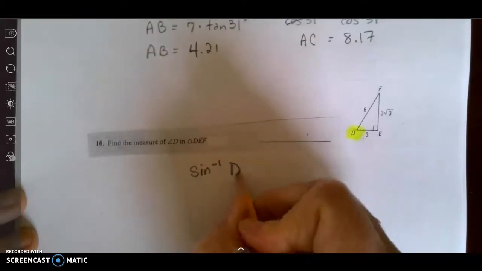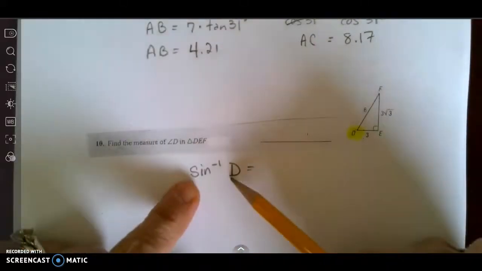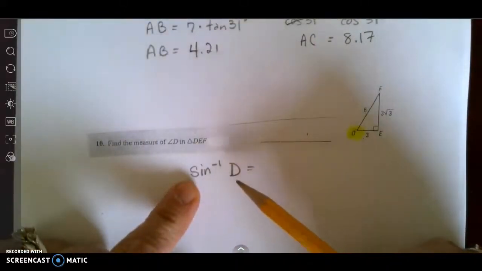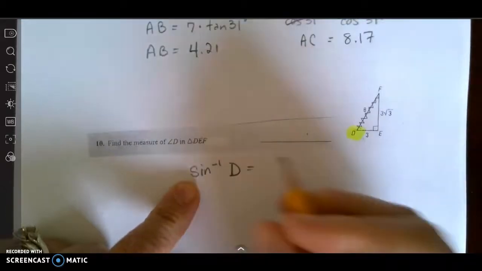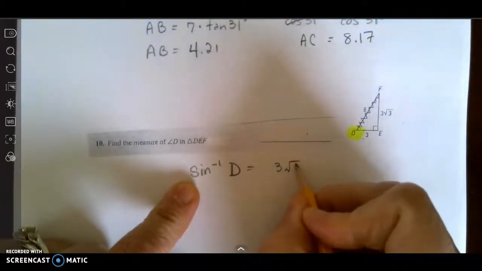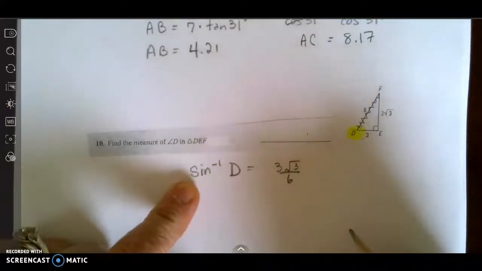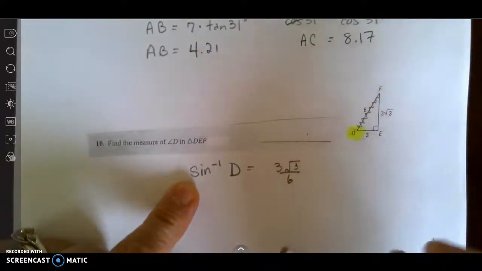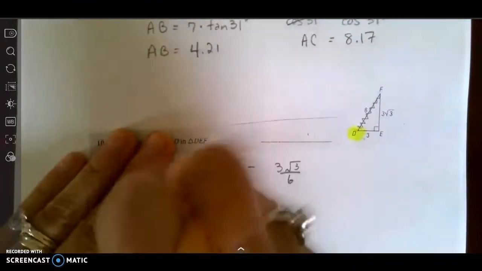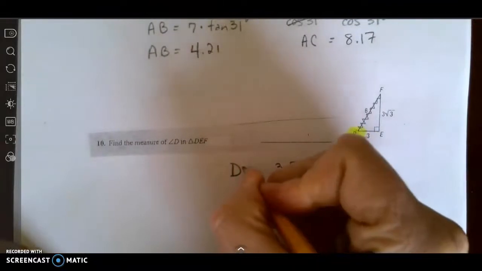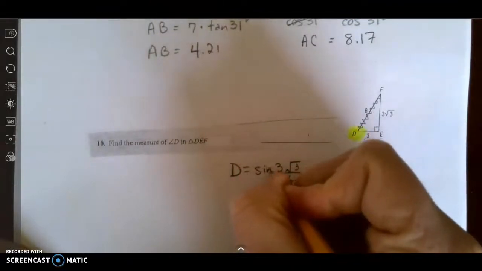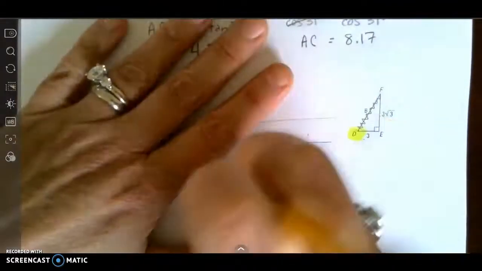of angle D, sine, remember, is opposite over hypotenuse. This side here is my hypotenuse. Opposite is 3 square root of 3 over 6. Actually, I'm sorry, I wrote this incorrectly.